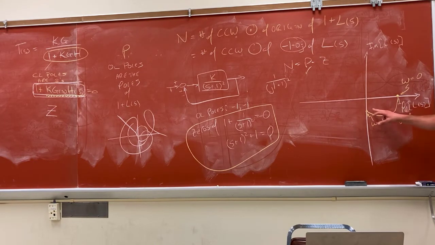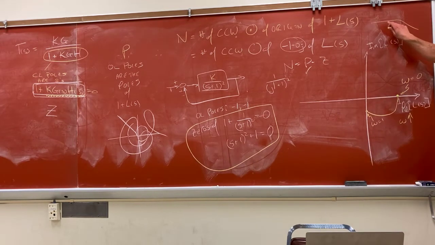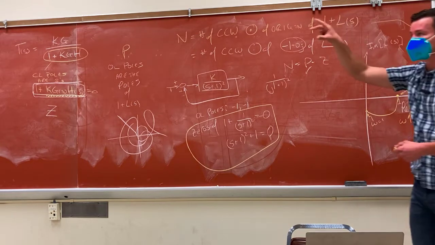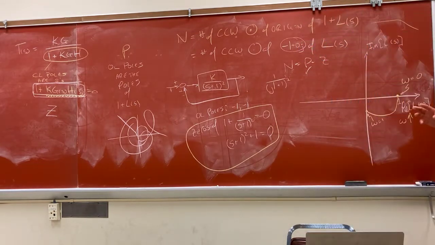This is probably closer to a circle than I've drawn it, because if you think about the Bode plot of this, the magnitude would be close to not changing. But then as we walk further north on the imaginary axis, the magnitude of L of j omega goes to 0. What does the phase do?